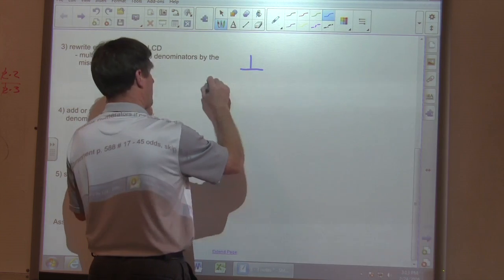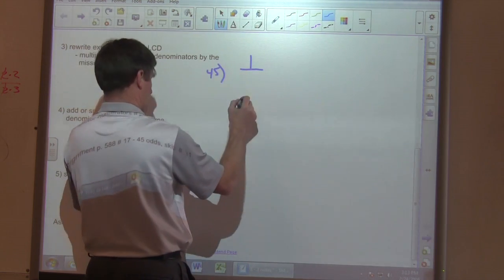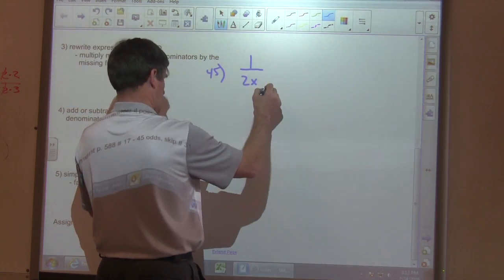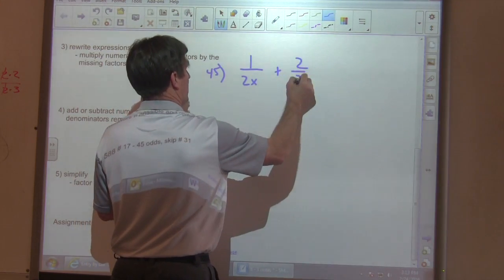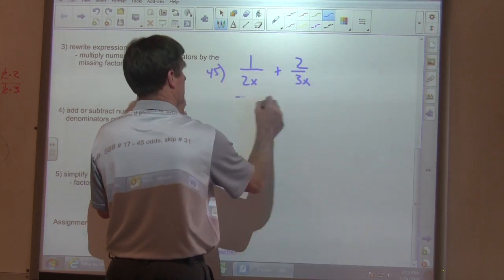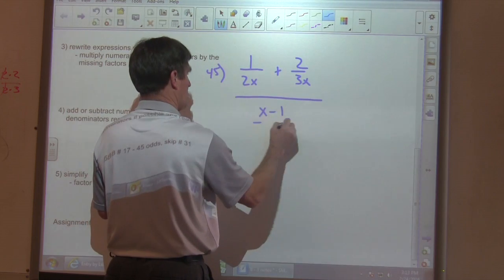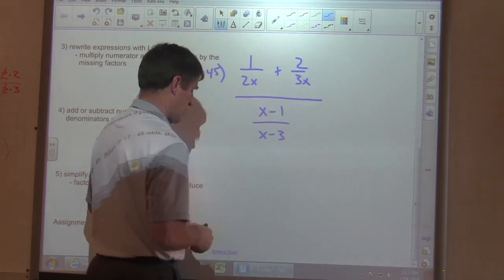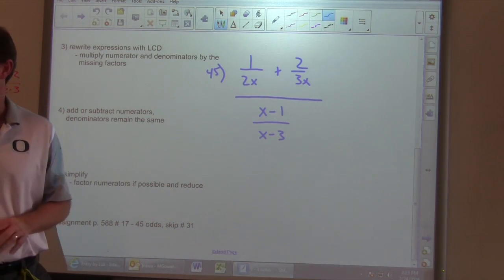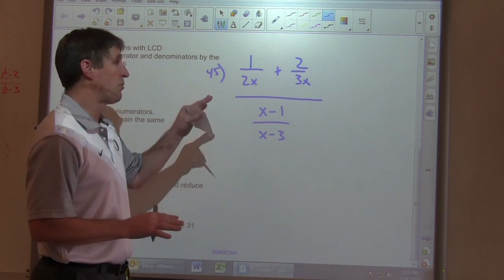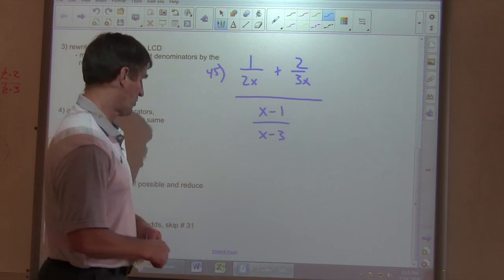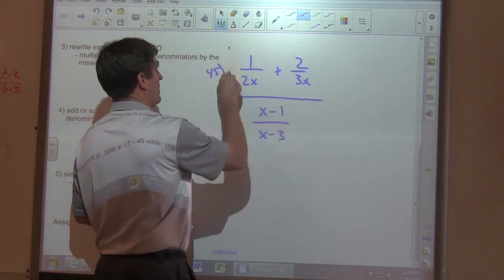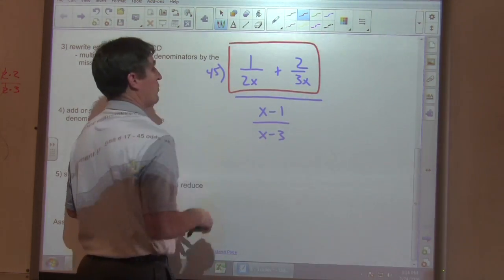This is number 45, which is one on the assignment. 1 over 2x plus 2 over 3x divided by x minus 1 over x minus 3. So what you want to remember on these is you're going to simplify the numerator and denominator separately before you work with it. So I'm going to start here, and I go through my steps.